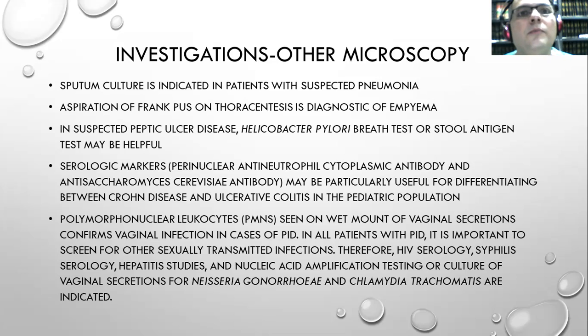So in other microscopy, the first thing we should go for, other than the stool and routine, is sputum. Then we should go for vaginal secretions in case of females, and other investigations also.